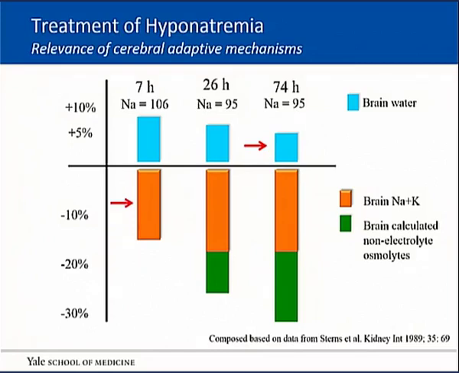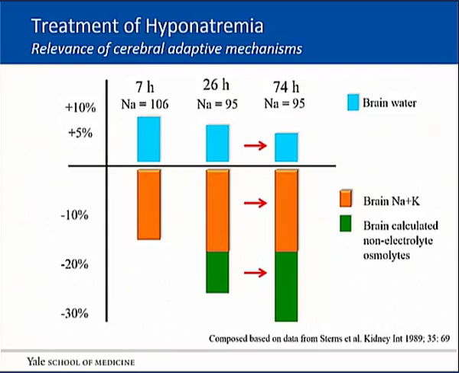Initially, it's largely just electrolytes, sodium and potassium. But starting by the end of the first day, there is some extrusion of non-electrolyte osmolytes, and that peaks at about 72 hours. These non-electrolyte osmolytes are largely amino acids and polyalcohols, and they take time to leave.